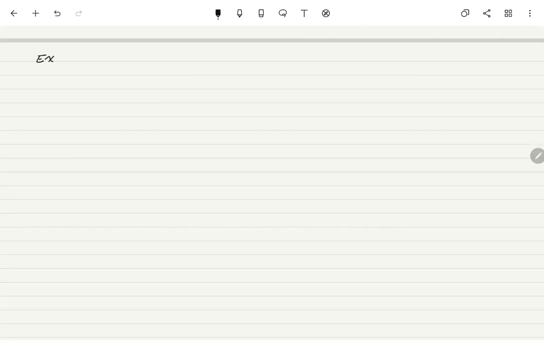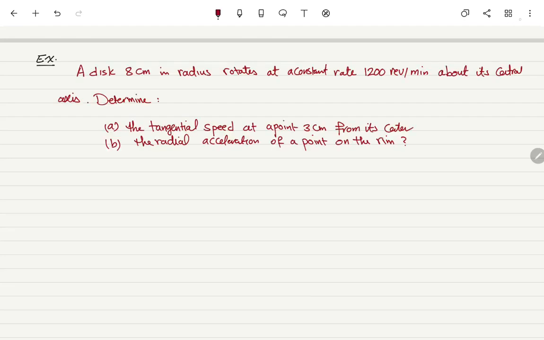Example: a disk 8 cm in radius rotates at constant rate 1200 revolutions per minute about its central axis. Determine the tangential speed at a point 3 centimeters from its center and the radial acceleration of a point on the rim. Now we need to calculate the tangential speed at a point 3 centimeters from its center, somewhere in here.